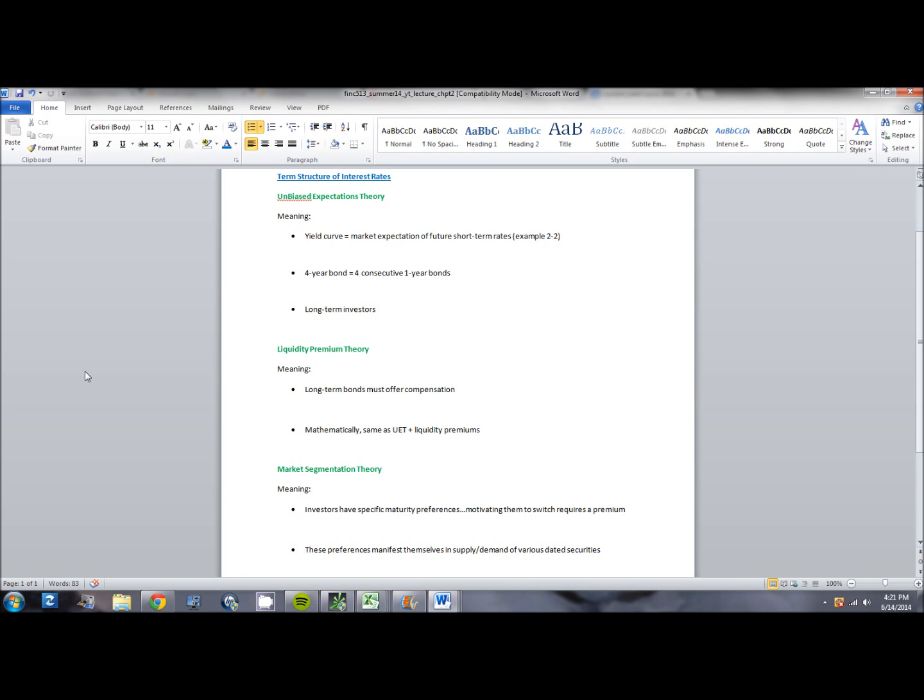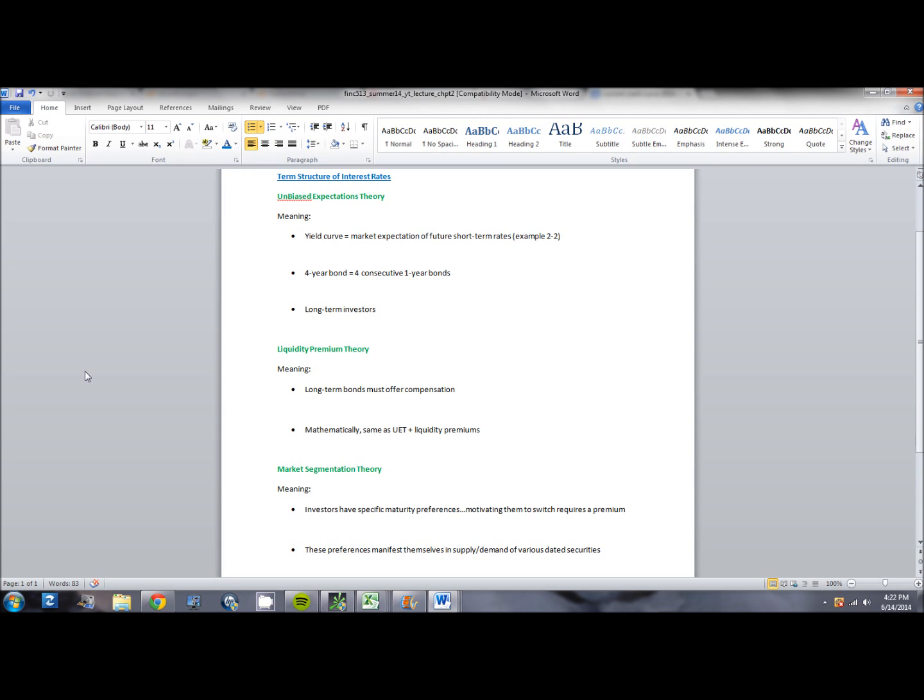Longer-term bonds must offer compensation to investors just by the very nature that they are longer-term bonds, right? Ceteris paribus, if I could choose between a short-term bond and a long-term bond, if the ceteris paribus assumption is truly in effect, then I will always choose the shorter-term bond because shorter-term bonds are more liquid than longer-term bonds.